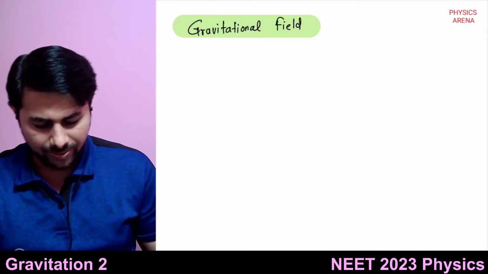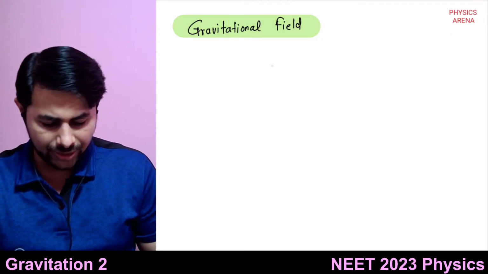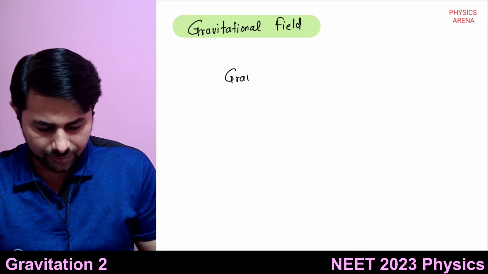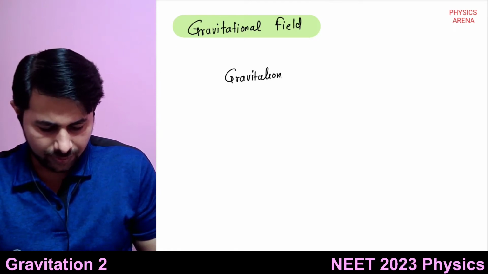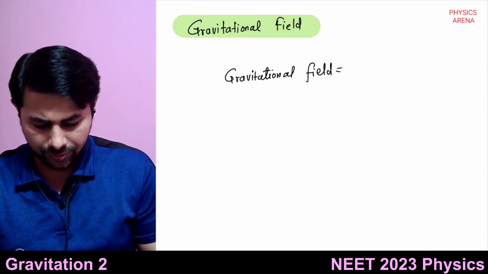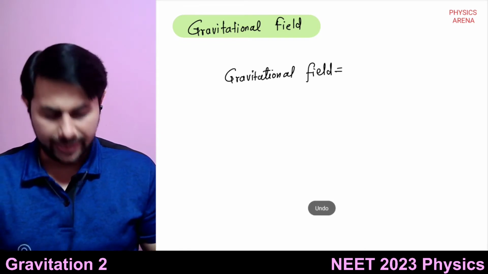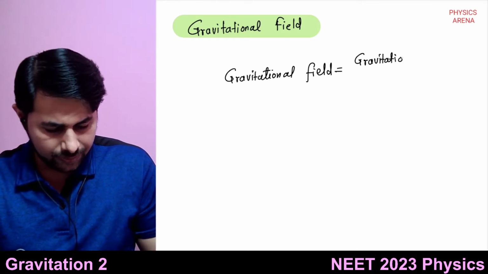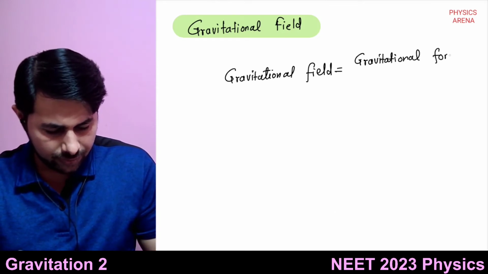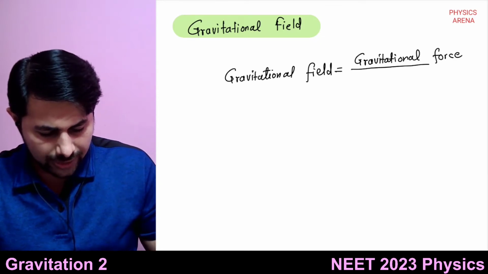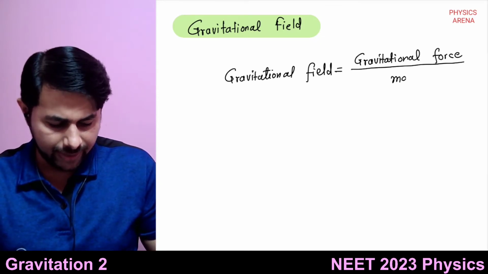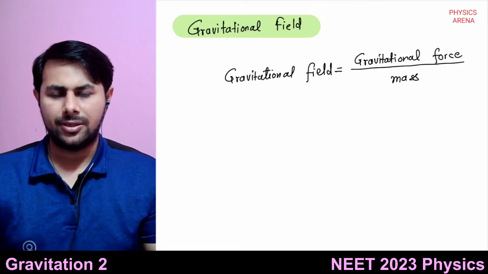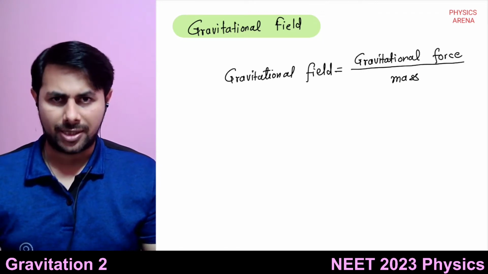Gravitational field is defined as the gravitational force acting on any mass divided by the mass of the object. So it is gravitational force per unit mass.